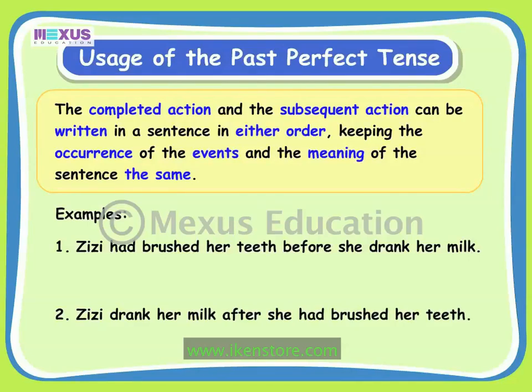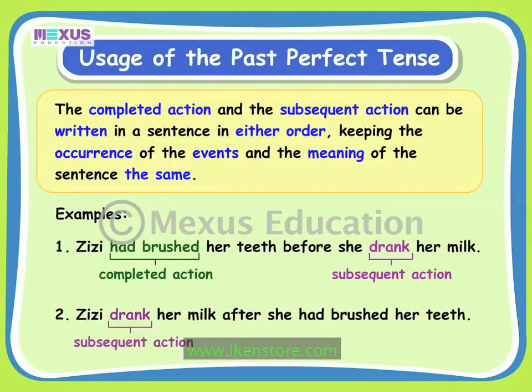In the first sentence, the completed action is written before the subsequent action, whereas in the second sentence, the subsequent action is written before the completed action. The words before and after are used to indicate the order of events. In either way, the occurrence of events and the meaning of the sentence is the same.